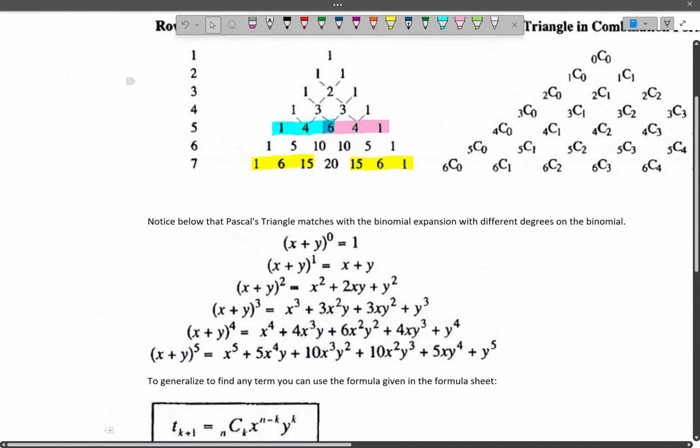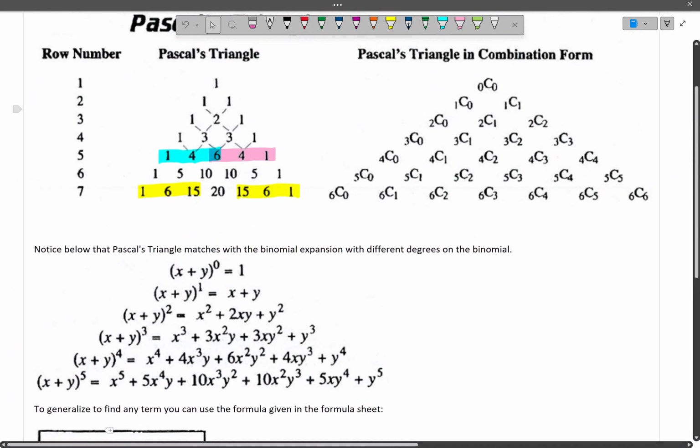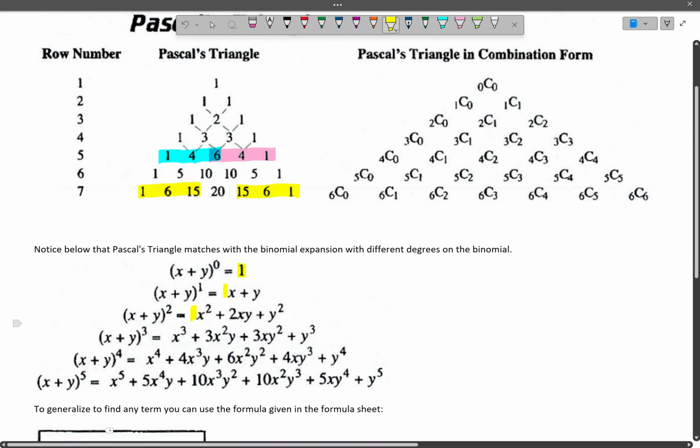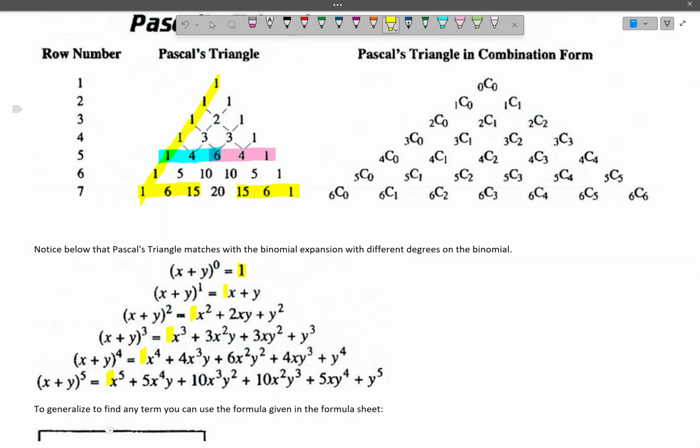So what does it mean for binomial expansion? Well, it's the same thing as the triangle. So this has a 1, a 1, a 1, a 1, a 1, a 1, just like all these, and over here, 1, 1, 1, 1, 1. So it matches with what we saw before. 2, 3, 4, 5, 6. 2, 3, 4, 5.